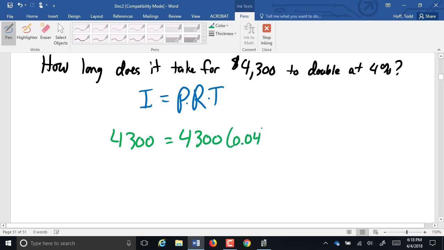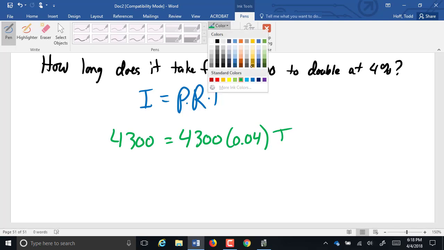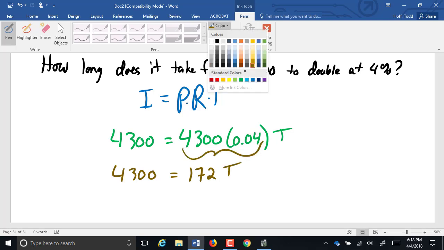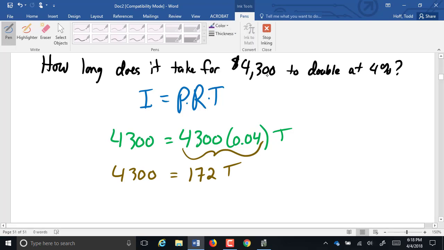Our rate is 0.04. We're looking for the time. 4,300 times 0.04 is 172, correct? Indubitably. Divide by 172, you get 25 years.